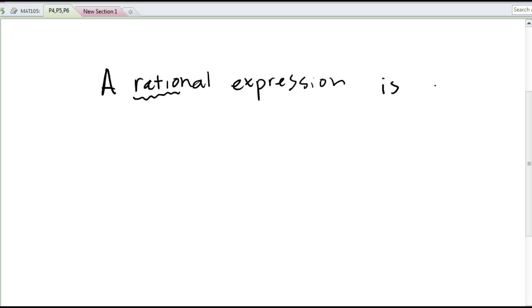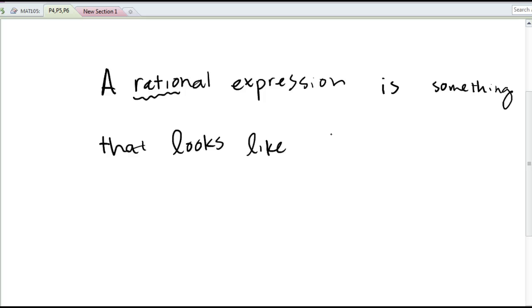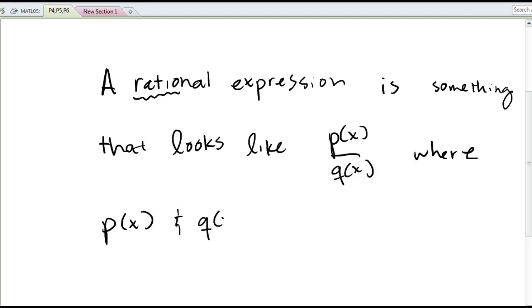This is not a technical definition, I'm just approximating: it is something that looks like P of x over Q of x, where P of x and Q of x are two polynomials, and Q of x is not exactly the zero polynomial.